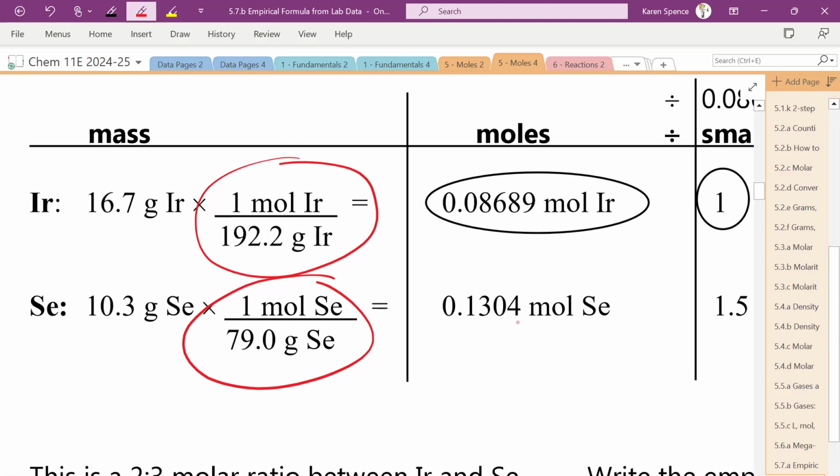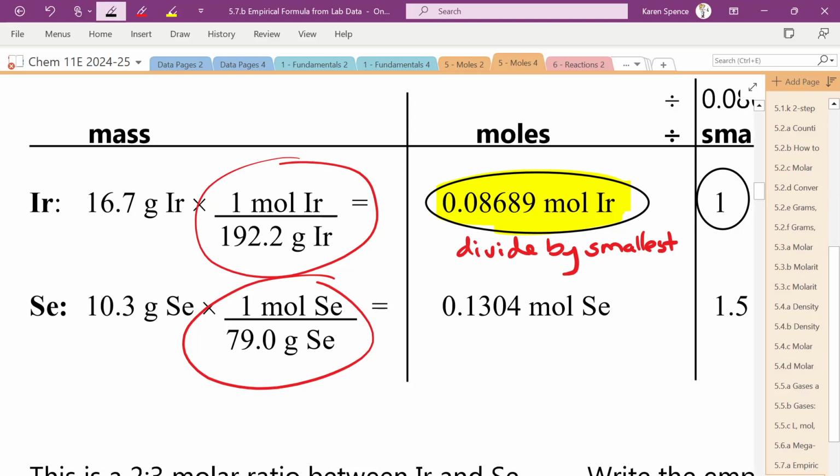This time our moles are not the same, yes? So when we get to that third line, we're going to divide by the smallest. And who is the smallest out of those two numbers? 0.08689. Okay, so we're going to divide by that one. And like I said, if you want to show that work on a different line, you could do that.